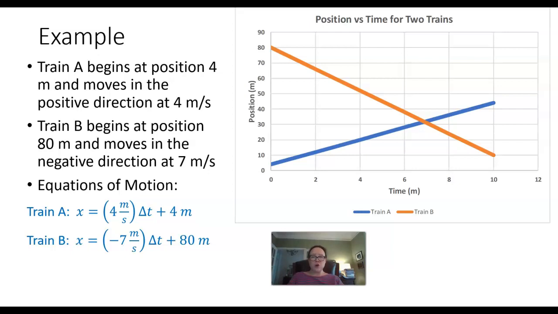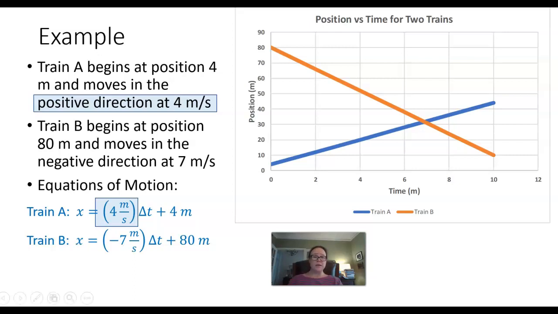And I just want to call your attention to the fact that for train A, I was told that it's moving in a positive direction at 4 meters per second. And so I want to make sure that in its equation of motion, the velocity is a positive 4 meters per second.